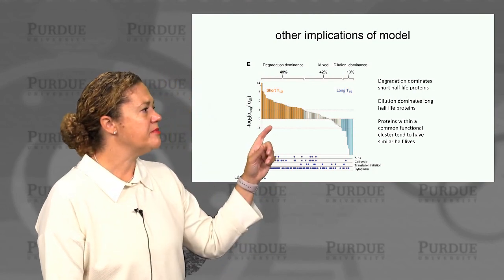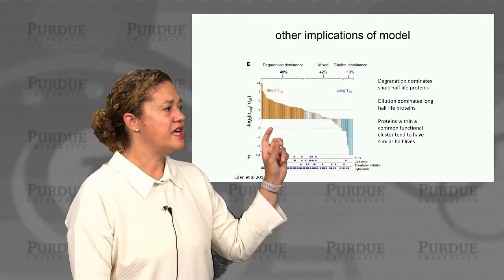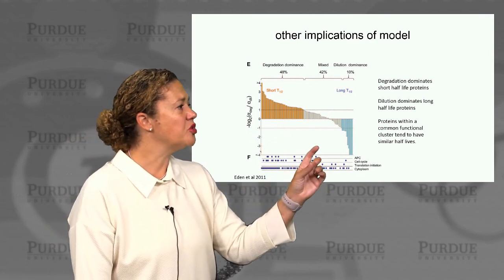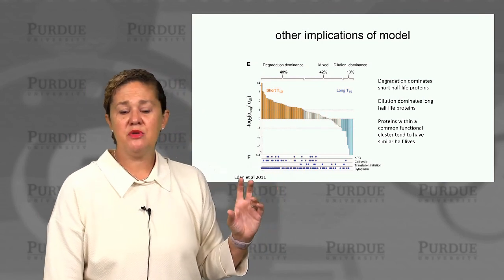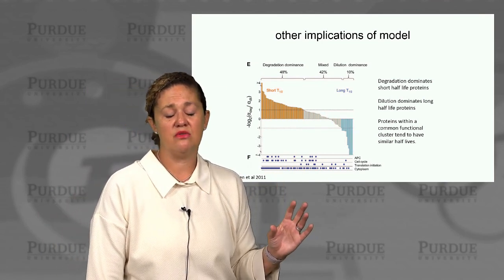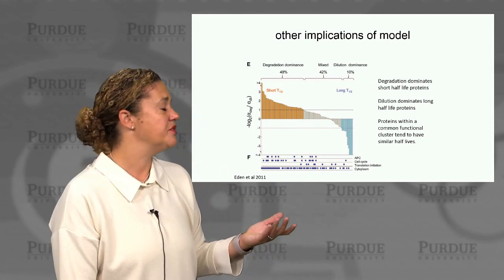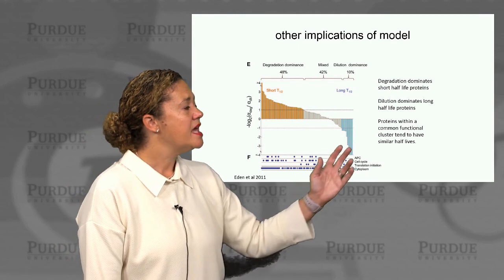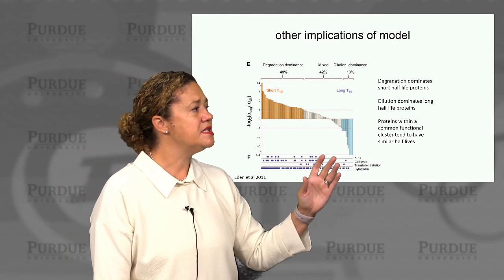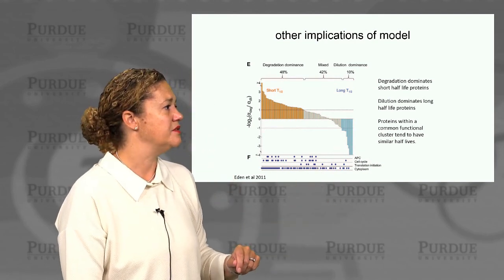About 48% of the proteins were dominated by degradation under standard culture conditions. About 42% you couldn't say were dominated solely by dilution or degradation; the half-lives were influenced by both. And about 10% of the proteins had half-lives most dominantly affected by dilution.